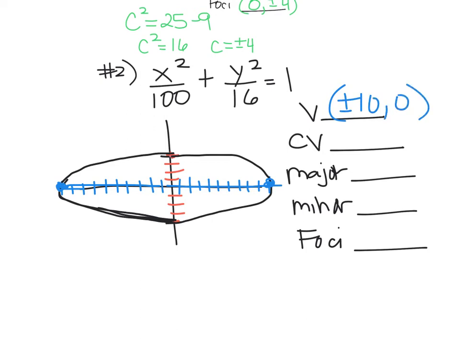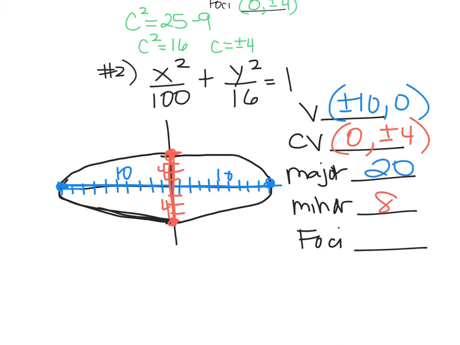The co-vertices are going to be the shorter ones, nobody wants to be a co-champ, and that would be at 0 plus or minus 4. Okay. The major axis length is 10 plus another 10. There's 10 there and there's 10 there, which gives us a total of 20. And the minor is up and down 4, so that would be a length of 8.